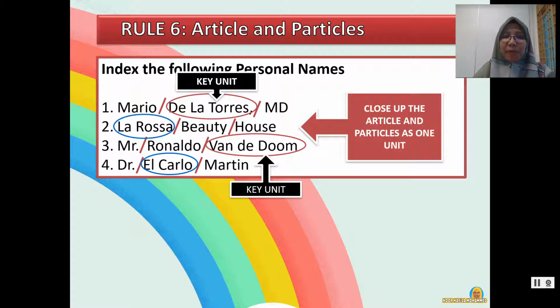Why is this the key unit? Because this is the last unit of a personal name. For a personal name, the last unit will be the key unit. The same goes for Vandedom. Martin is the key unit, and La Rosa Beauty House is a business name, so La Rosa will be the key unit.